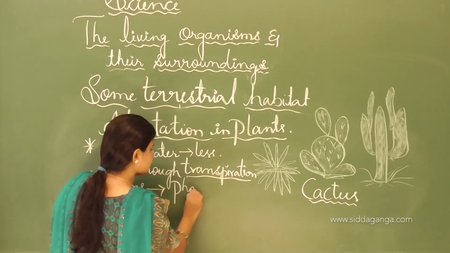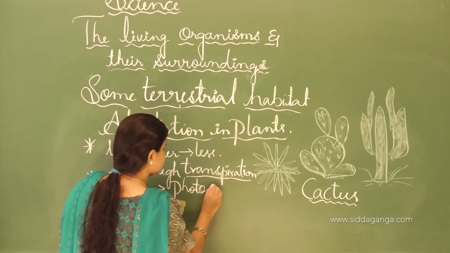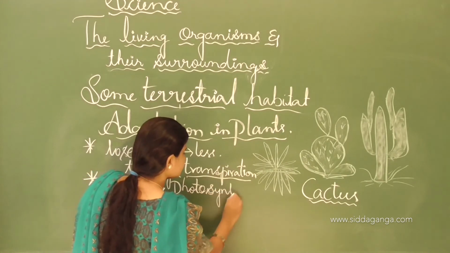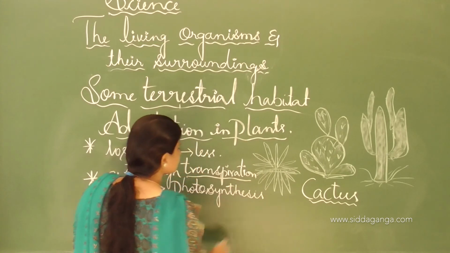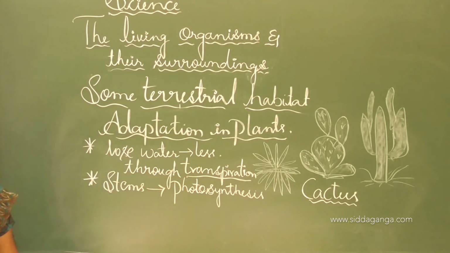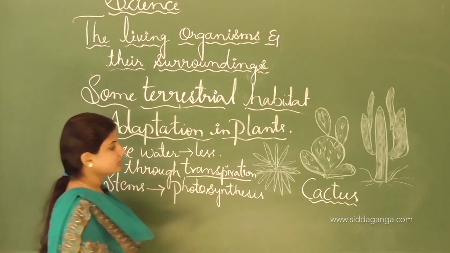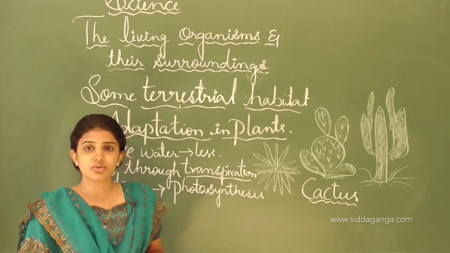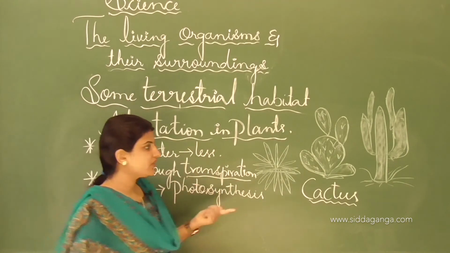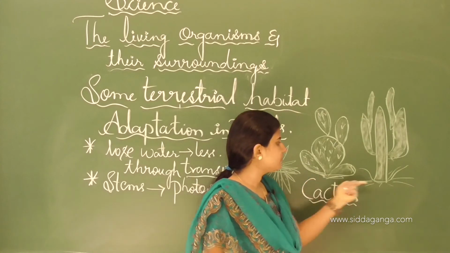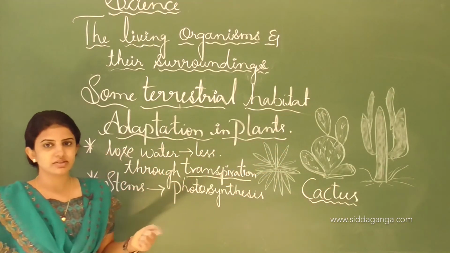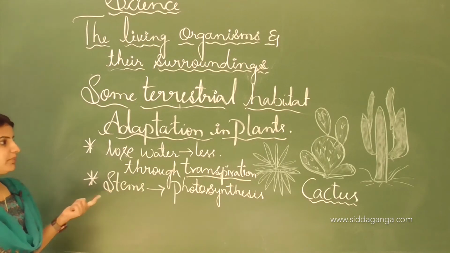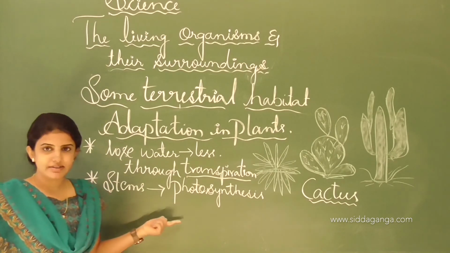The food preparing process is known as photosynthesis. Leaves are absent or sometimes very small, and this cactus has spines, as I told you, which will reduce the loss of water, so the modified structures are present in the cactus and different types of plants in the desert region. See, this is all about the adaptation in plants present in the desert condition.